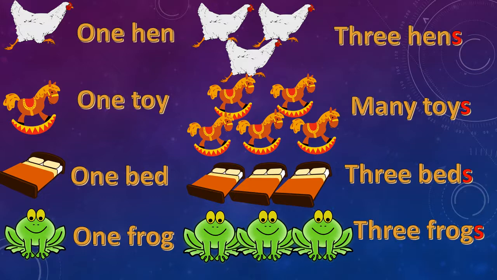Let's read it again. One hen. Three hens. One toy. Many toys. One bed. Three beds. One frog. Three frogs.